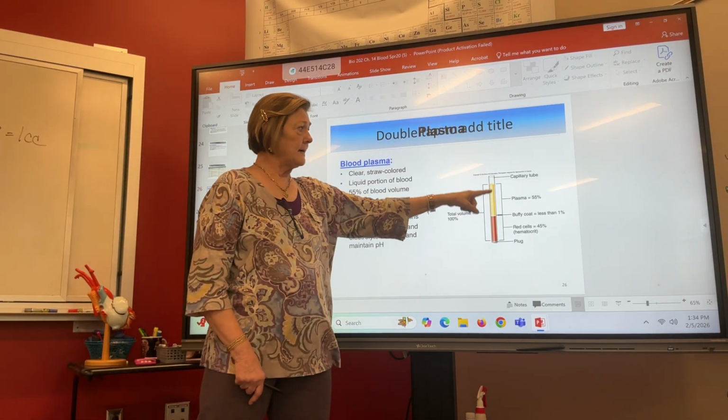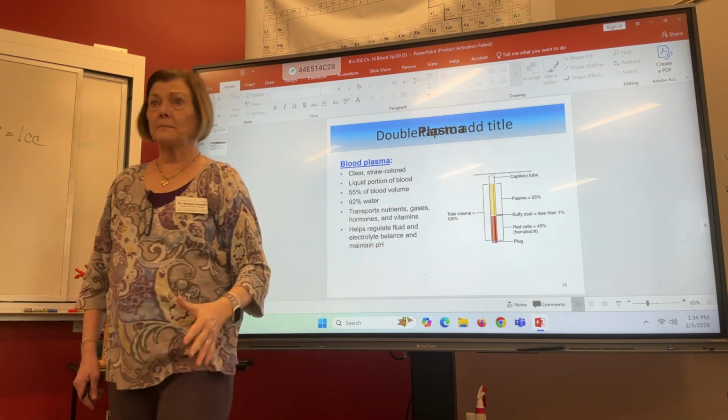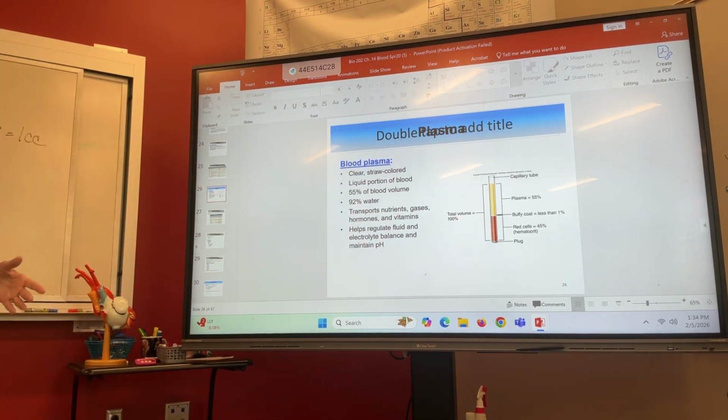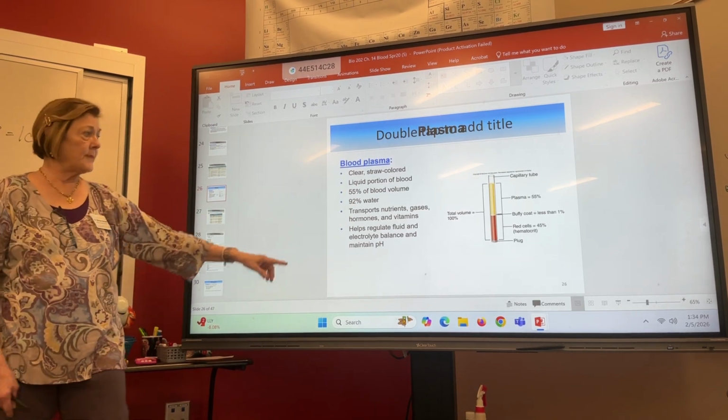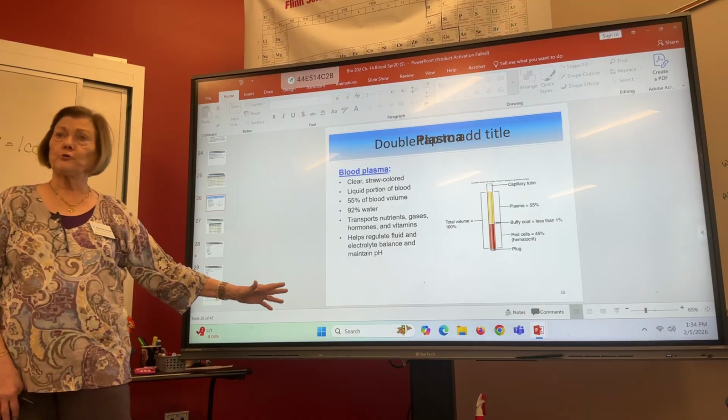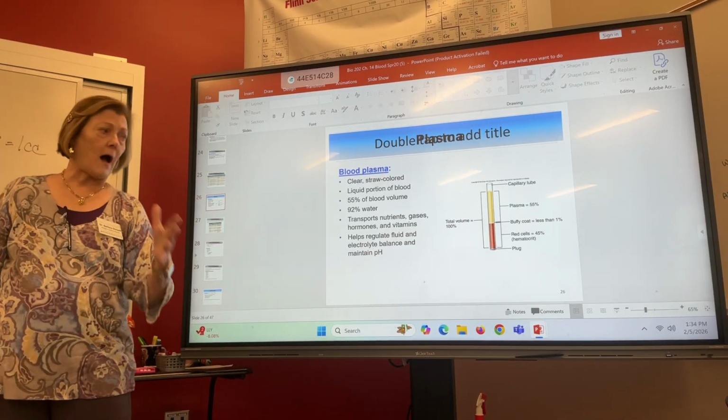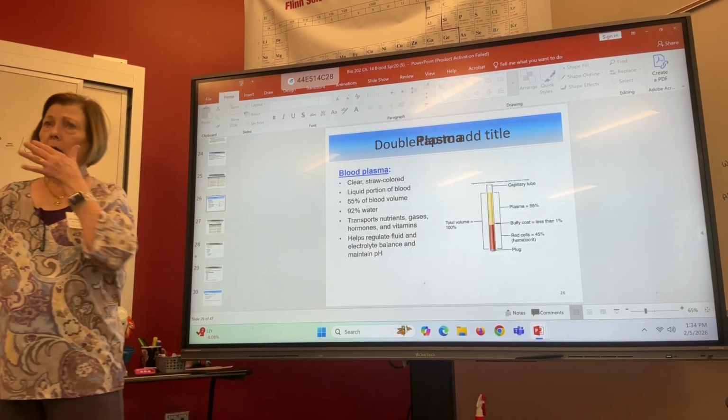So we're right here with the plasma. The plasma is clear, and it's kind of the color of straw, like hay. It's the liquid portion, 92% water. And then you're going to have nutrients, gases, hormones, vitamins in there.